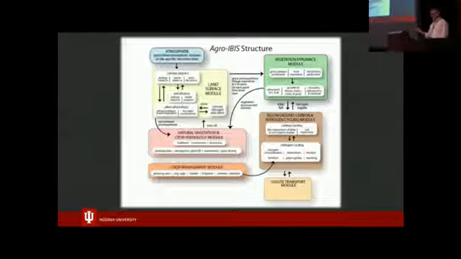That's the sort of thing that's happening here with Agro-IBIS, and the models that are used as the test case, the sort of canonical test case, are a 60-year simulation of agriculture in the Mississippi Valley Basin.